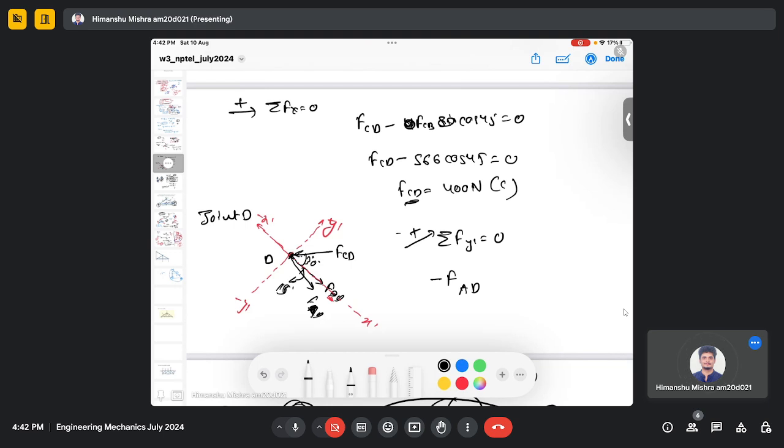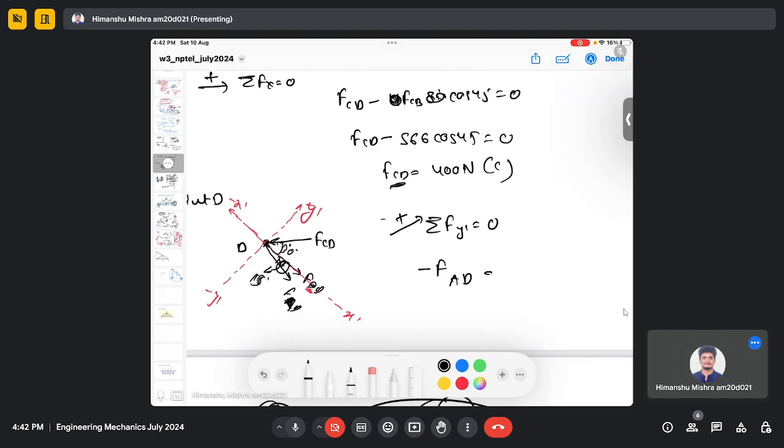Component along the perpendicular, so it will be FAD sine 15 minus 400. Again, you want the component of this along this direction, because this is in the y direction, right?